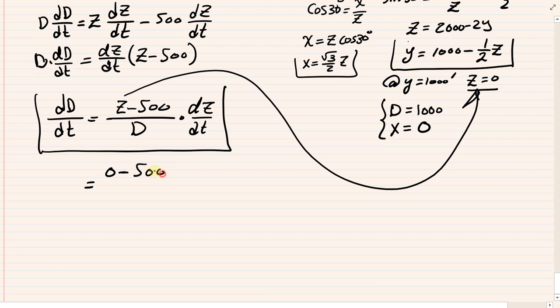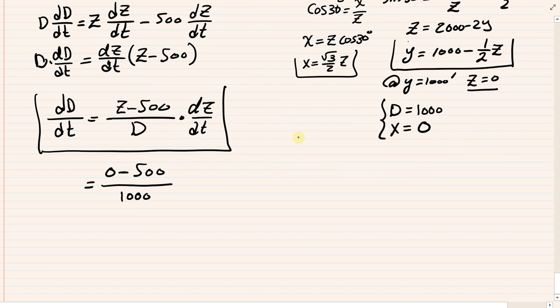So that's negative 500. D at that point, we just agreed, is 1,000. That's exactly the distance between aircraft and the radar. And dz/dt, the speed of the aircraft, we're going to take to be 600.